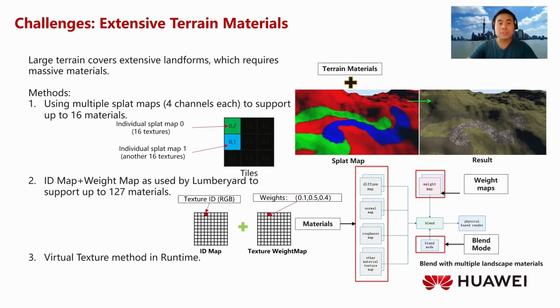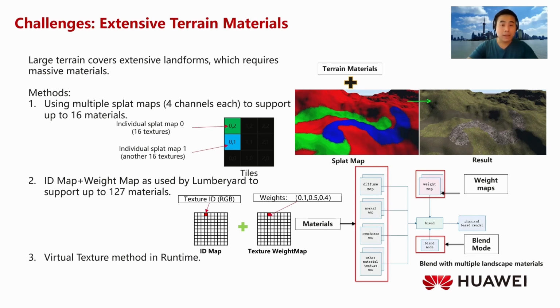To blend them together requires an extra blending map, or what we call a splat map, to hold the blending factors in its RGB channels. This easily pushes the texture slot usage to more than 13 in the GPU's pixel shader. This ensures that all these textures can be sampled and blended correctly in just one draw call.